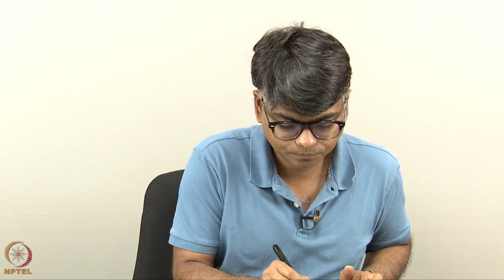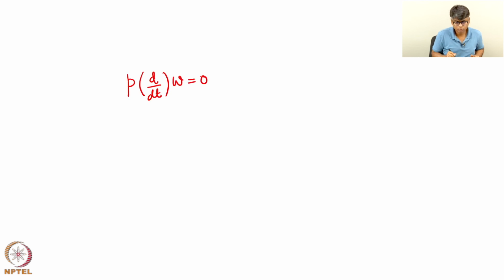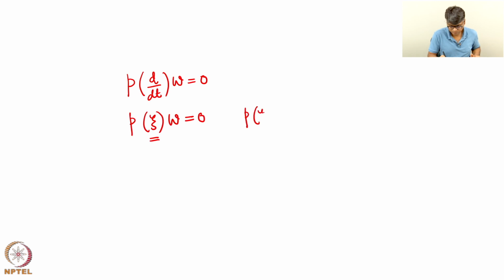So we have a polynomial p(d/dt) w equal to 0. We have been using xi for that, so that's what we are going to continue using now. p(xi) w equal to 0, right, where this p(xi) is a given polynomial.